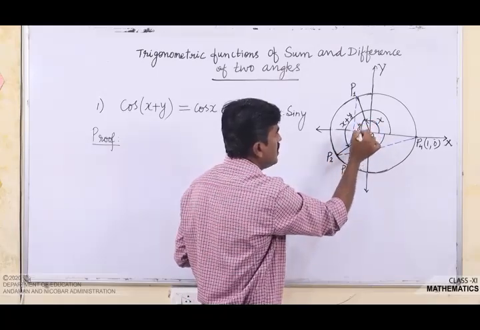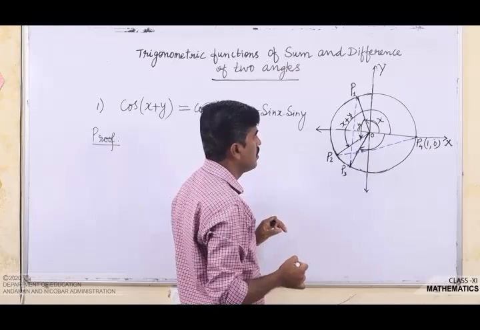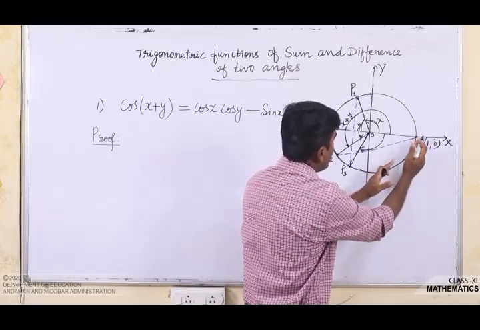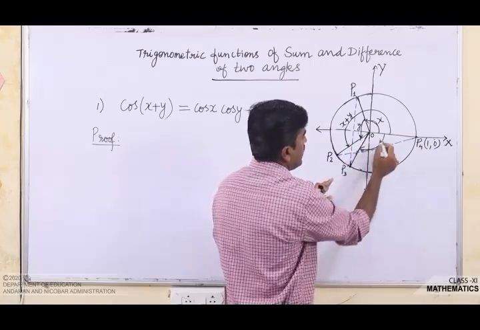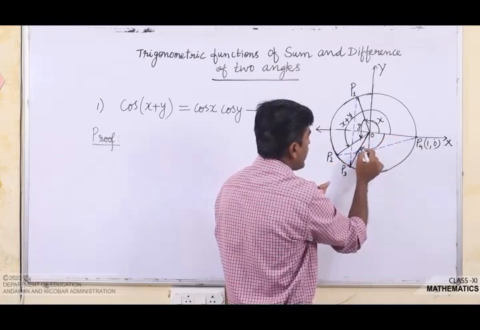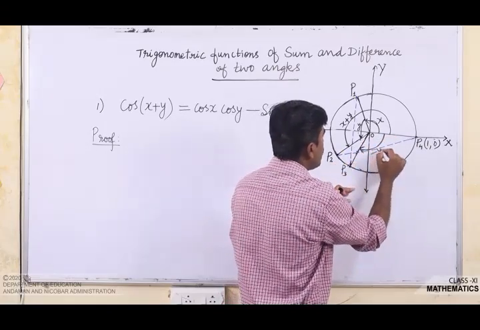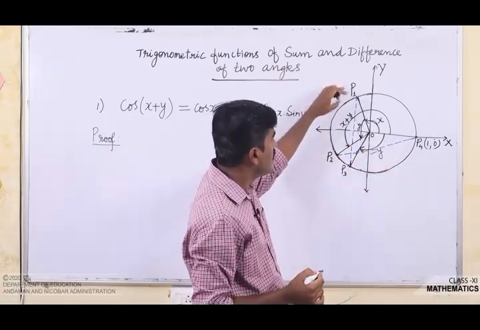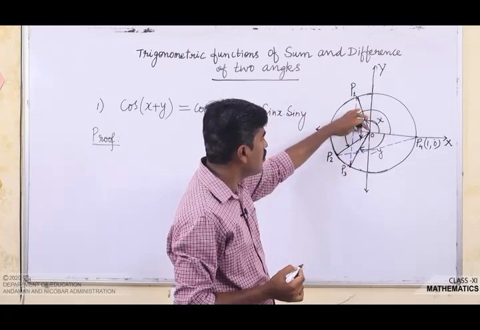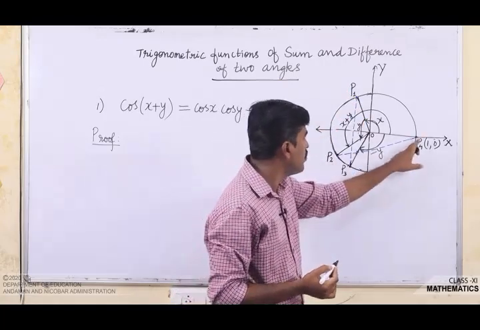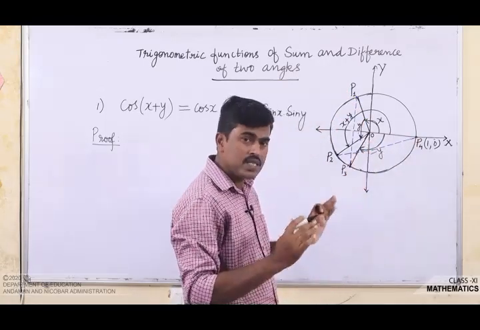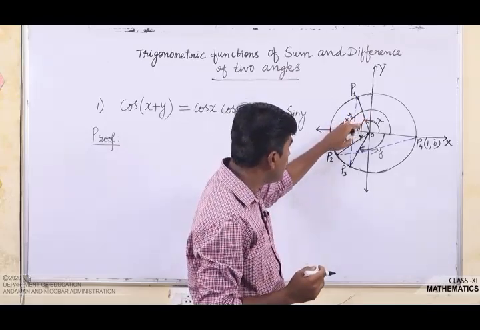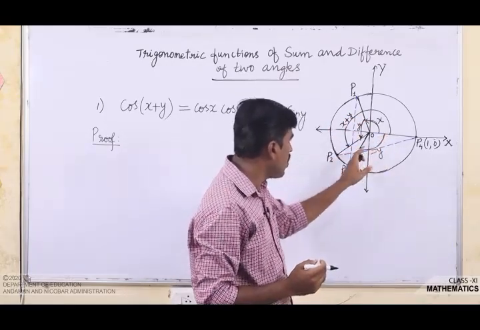It is also measured anti-clockwise. And the angle P4OP3 is measured clockwise and it is equal to minus y. That means the magnitudes of the angles P1OP2 and P4OP3 are the same, but the directions are different. One is measured anti-clockwise, the other is measured clockwise.